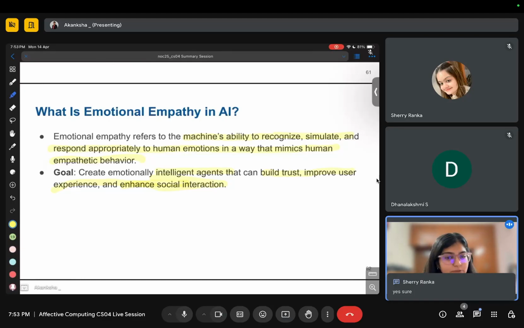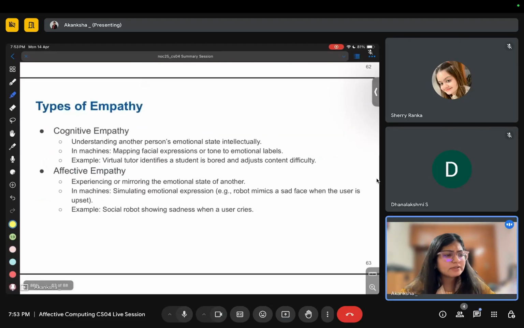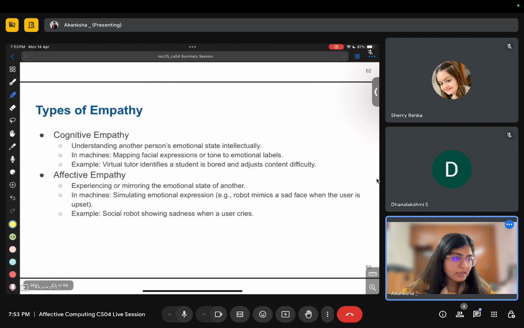So basically I want the model, the agent, to behave in a more empathetic manner. There can be different kinds of empathy. One is cognitive empathy and the second is affective empathy. Let's say you are a therapist. You want to understand what the person is feeling, but you don't want to feel the same emotion, because you are a doctor. If the doctor sits down and cries along with the patient, he cannot treat them. The same goes for this agent.